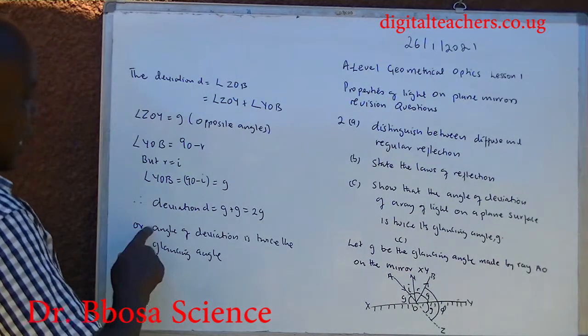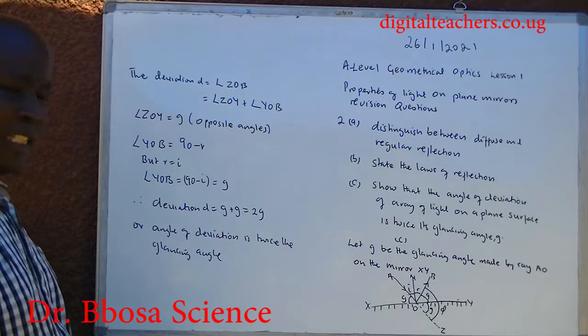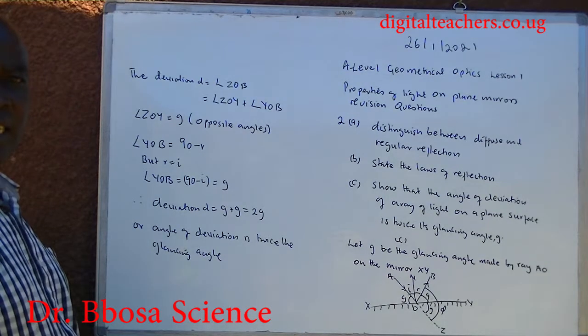Or angle of deviation is twice the glancing angle.